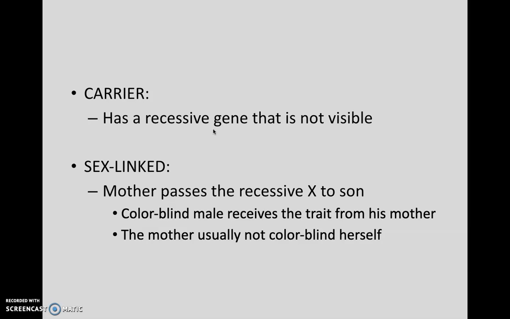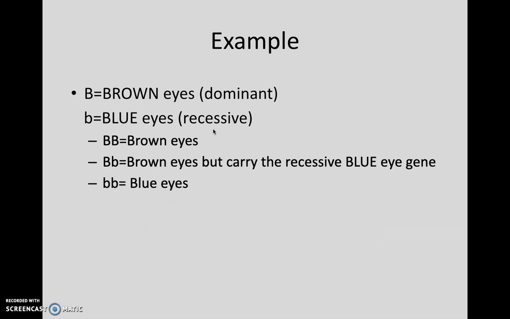But looking at those Punnett squares that you have on your note taker, if you look and you see that something like a capital B is brown eyes, which is our dominant gene, and a lowercase b is blue eyes, which is our recessive gene. If I have two dominant genes coming together, I'm just going to have a dominant. So I'm just going to have brown eyes.